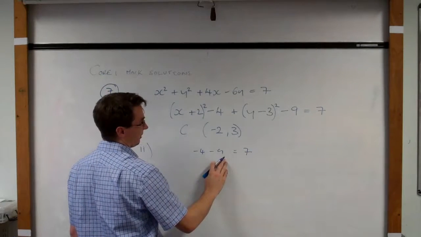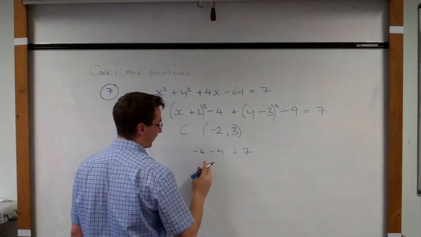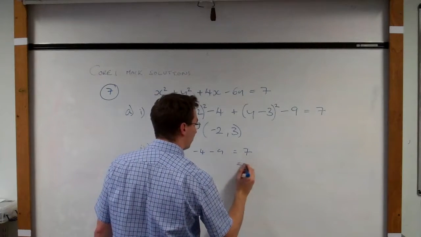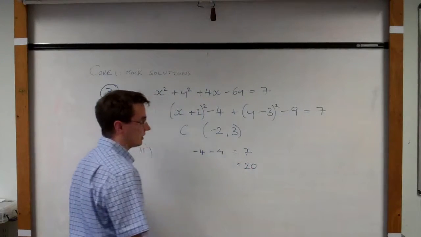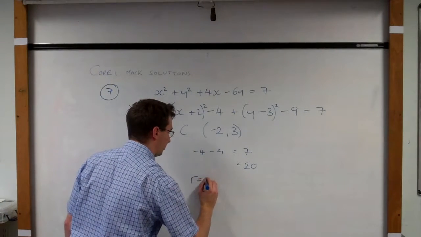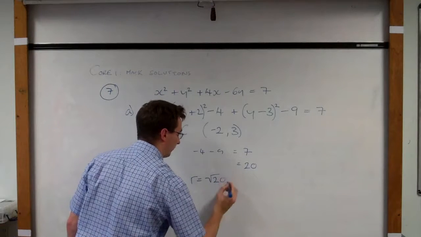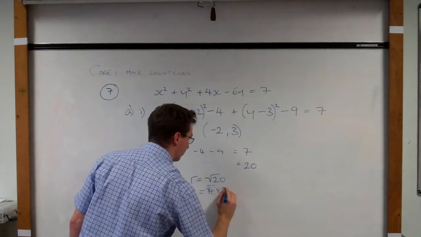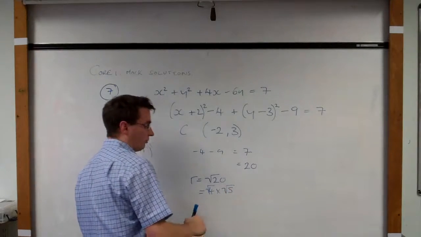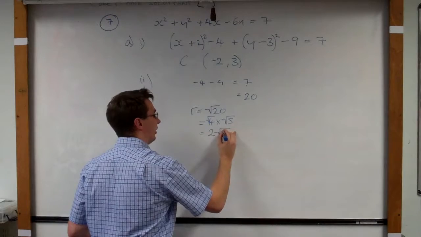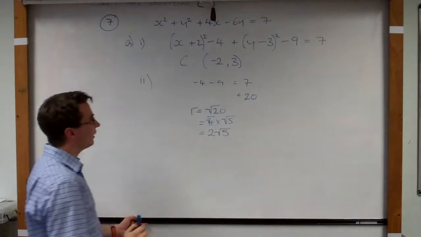But obviously the bits thrown in need to go that way, that's negative 13, so that will be equal to 20 on that side. So I can say the radius is equal to root 20, which I know I can simplify to root 4 times by root 5. Root 4, that's square roots to 2 root 5, and I've got that.